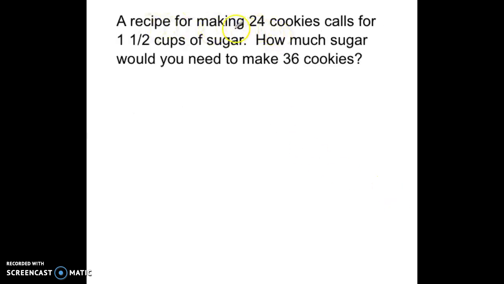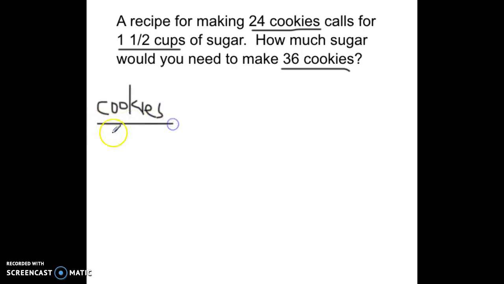In this case, a recipe for making 24 cookies calls for a cup and a half of sugar. How much sugar would you need to make 36 cookies? So I'm comparing the cookies to the sugar, or the cups of sugar.